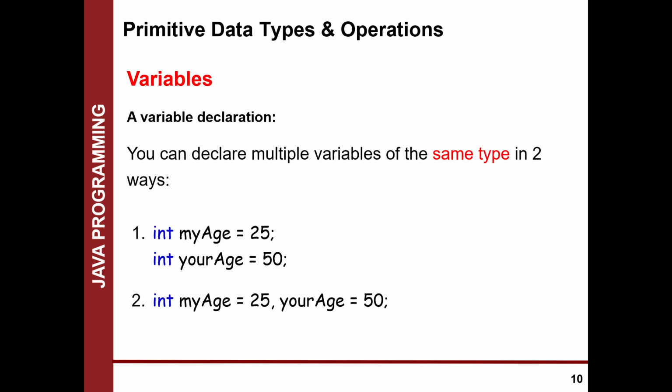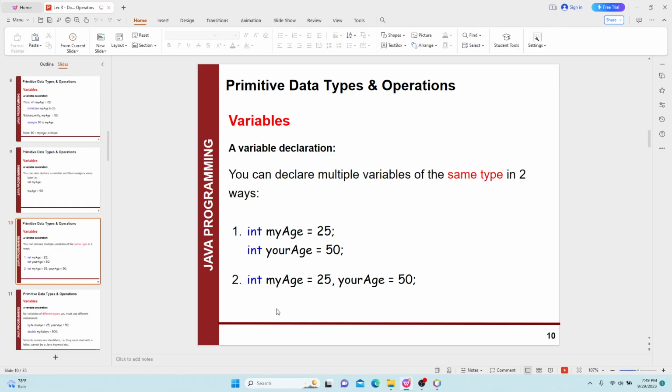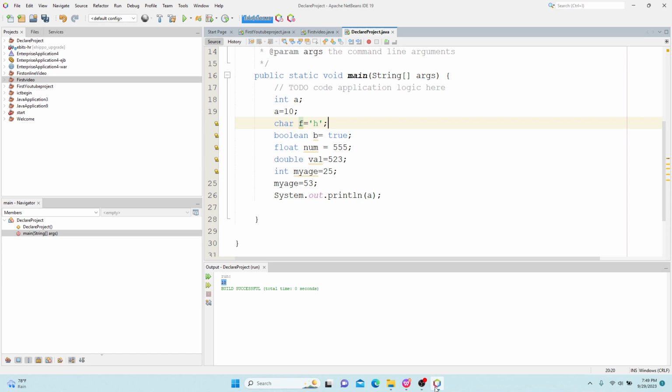There are two ways that you can do it, either to declare them on different lines or to declare them on the same line using the comma to separate them. So this is how we are going to do it.